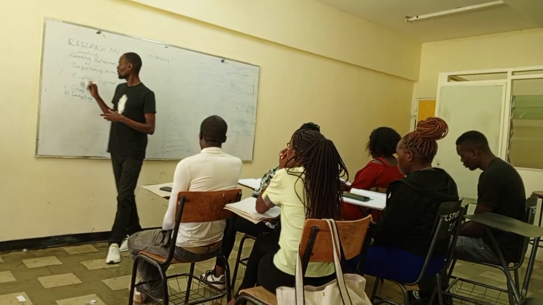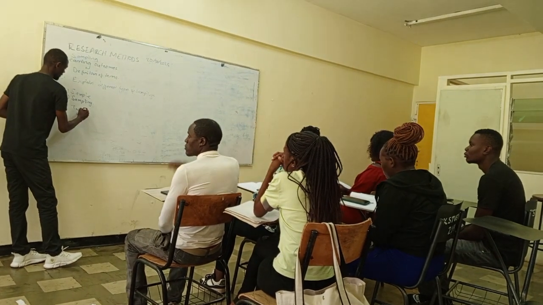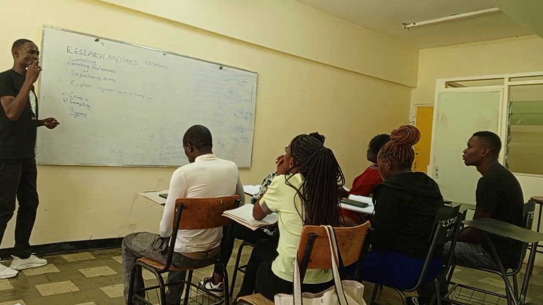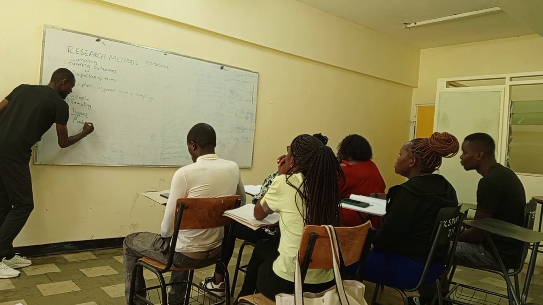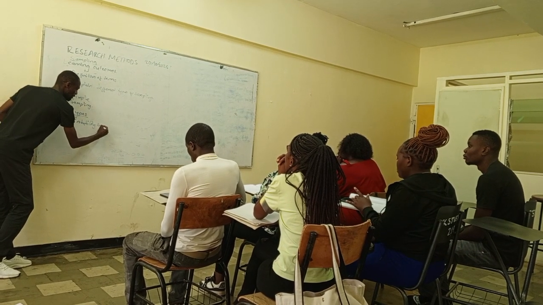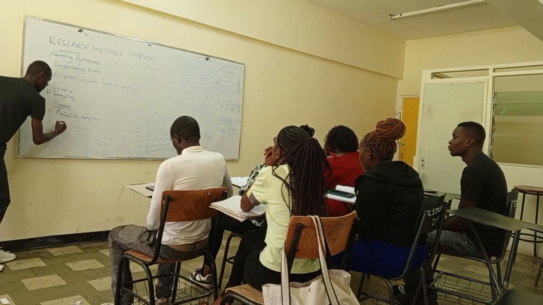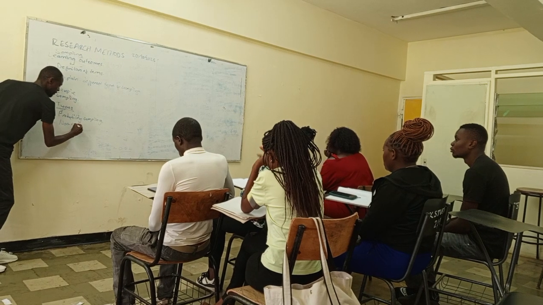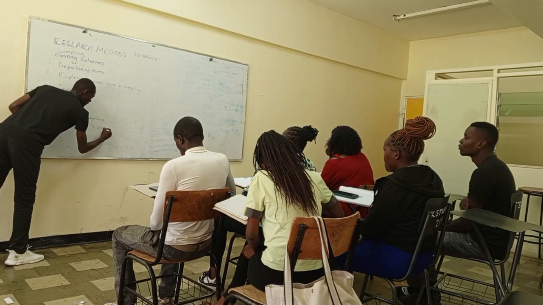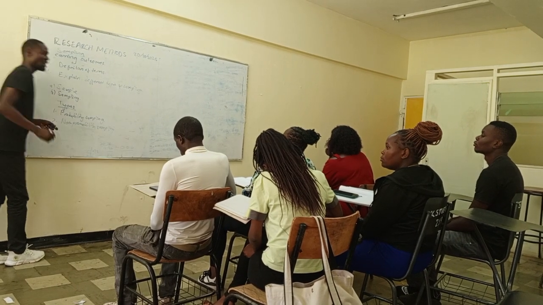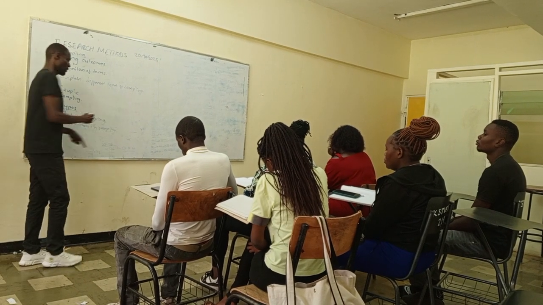So I want us to go to the types. Under the types, we normally have two broad types of sampling. Number one, we call it probability sampling. In other books you will find that they refer to probability as random sampling.